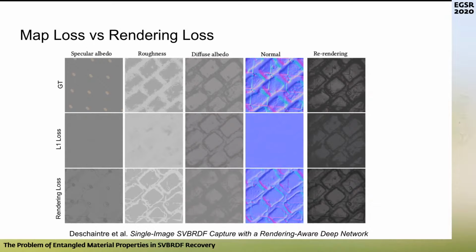As can be seen, the rendering of the predictions does not accurately reproduce the appearance of the target material. On the last row, we have the SVBRDF predictions of the model trained using the rendering loss. While the predictions of this model are not necessarily identical in terms of the parameter values, they reproduce the ground truth rendered appearance well.